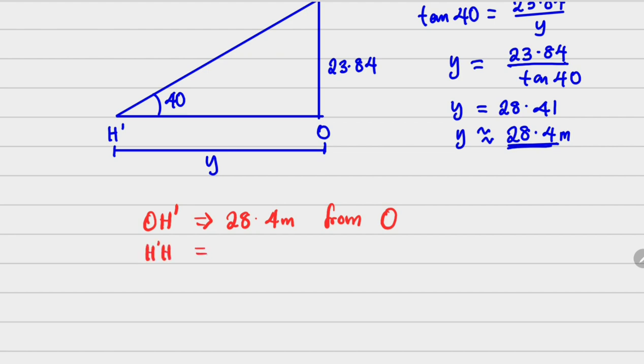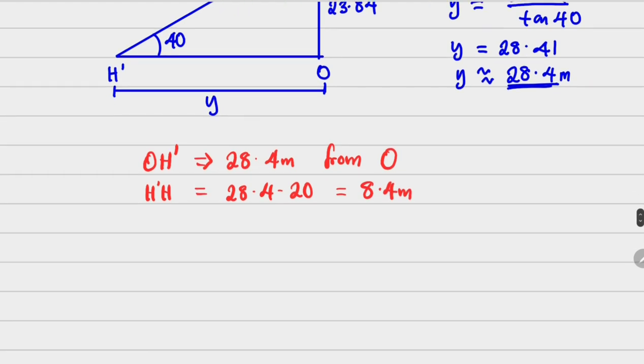I can find the distance between H and H prime to present it as a new position of H. And of course, we know that is going to be 28.4 minus 20, so it's going to be 8.4 meters. So the position of H now is either we say it is 28.4 meters from O or 8.4 meters from H. That is the new position of H.